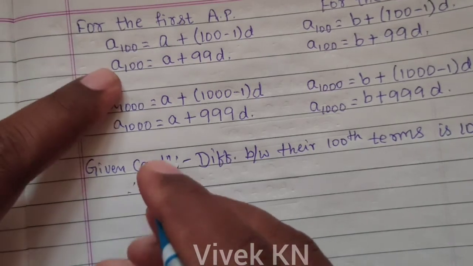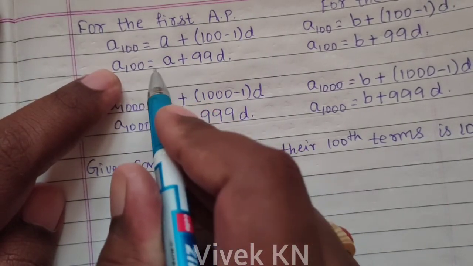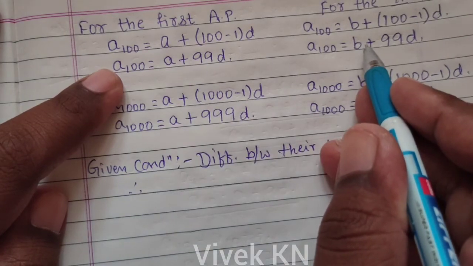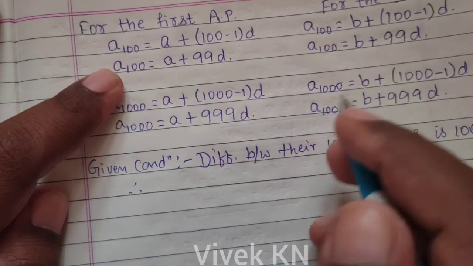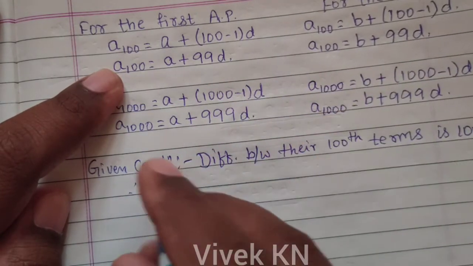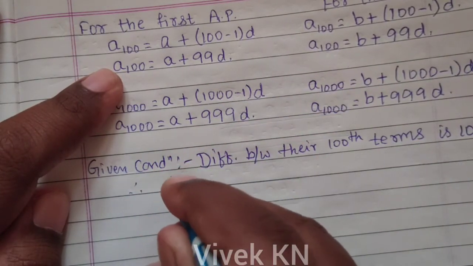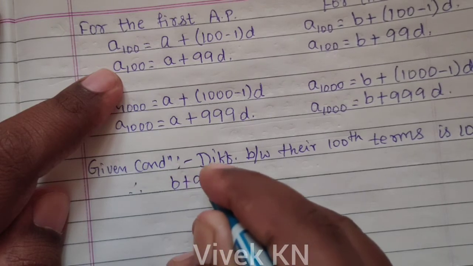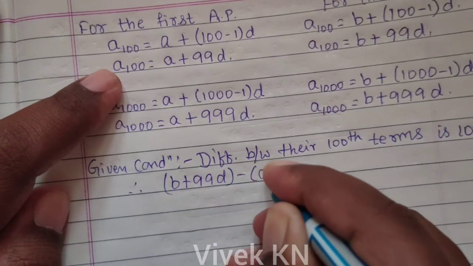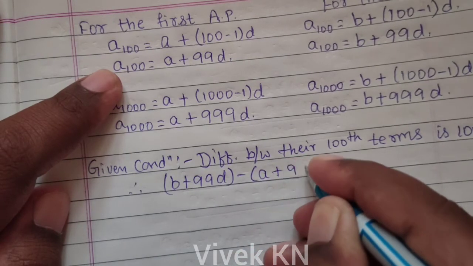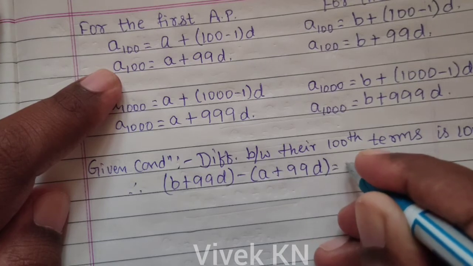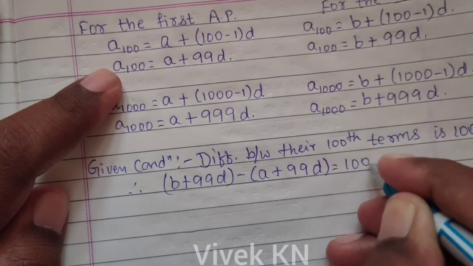Therefore, this is the 100th term of the first AP, and this is the 100th term of the second AP. Let us find the difference between these two APs. So, B plus 99D minus (A plus 99D) is equal to 100.